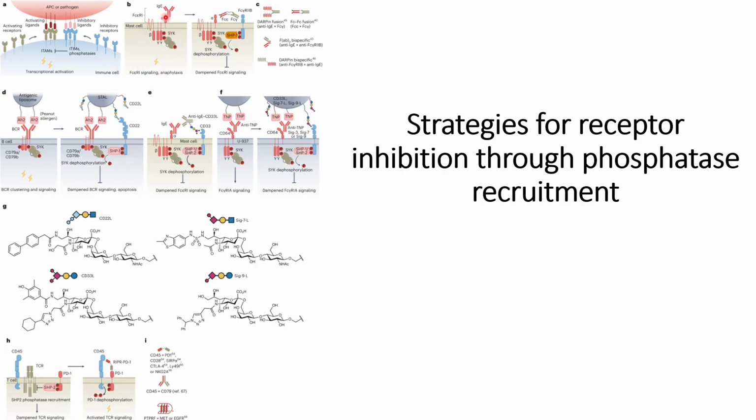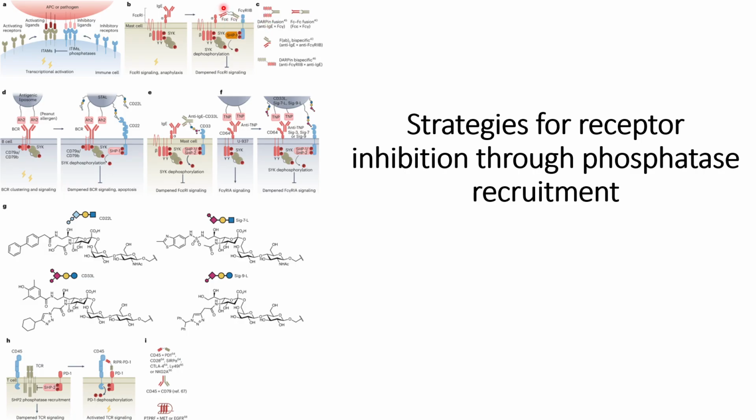But when these FC receptors interact with FC gamma R2B, it will cause phosphorylation of SHP1, and this will prevent the phosphorylation of SYK, or cause dephosphorylation of SYK, that will dampen FC epsilon RI signaling. So in order for this to function effectively, the proximity of the alpha chain and FC gamma R2B is important.